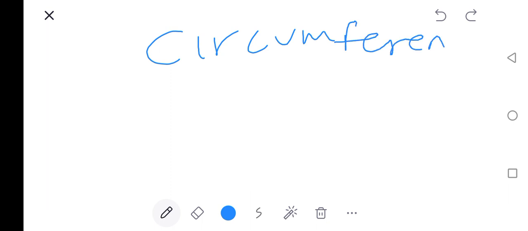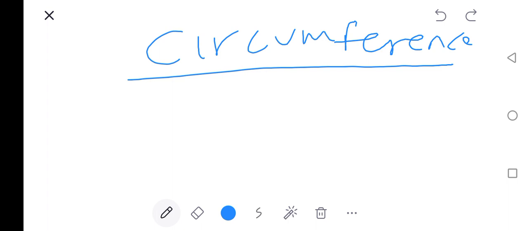By the way, circumference is the distance around a circle.